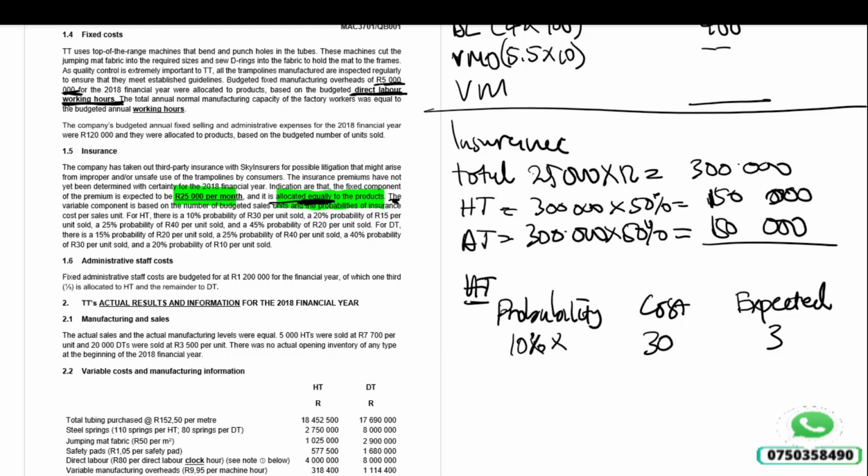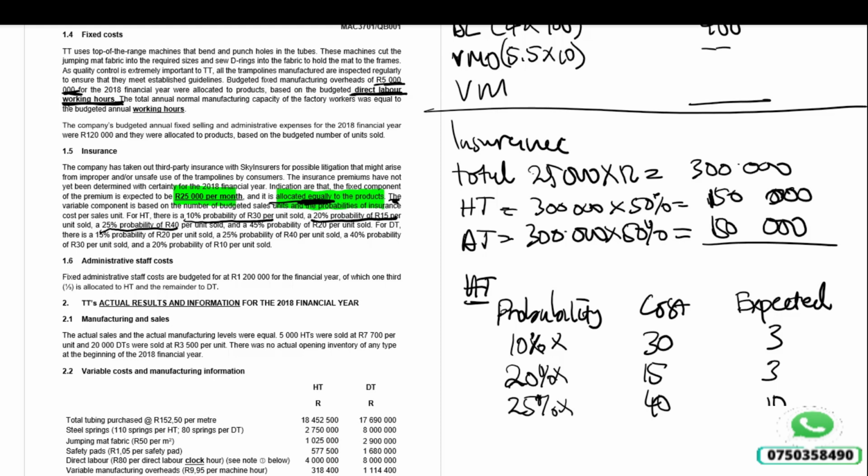It simply means that if there's a 10% probability chance, the cost is 3 Rand. Then they said there's a 20% probability for 15 Rand. So it's going to be 20% multiplied by 15 Rand, which gives me 3 Rand again. And then they said 25% probability of 40 Rand, which gives me 10, because 25% of 40 Rand equals 10.